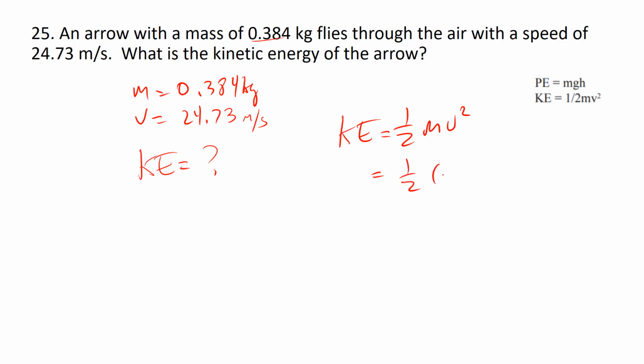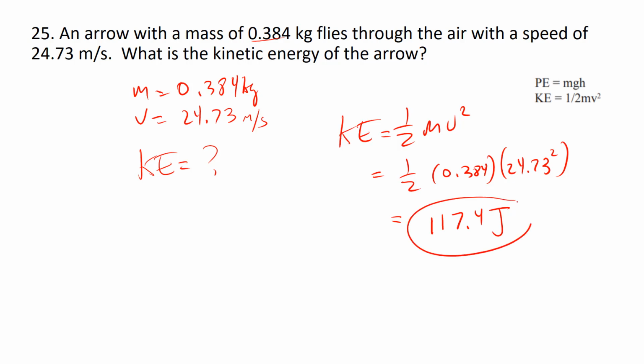KE equals 1/2 times the mass, 0.384, times the velocity, 24.73, squared. 24.73 squared is 611 so far, times 0.384. Now I have 234.8 in my calculator, times 0.5, or divide by 2, either one does the same thing. And I get 117.4, and KE is in joules. That looks like a 5, let me erase it. Joules. And there's my answer.